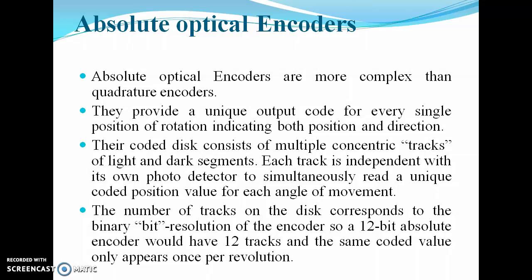The number of tracks on the disk corresponds to the binary bit resolution of the encoder. So a 12-bit absolute encoder would have 12 tracks, and the same coded value only appears once per revolution. How, we are going to see in the next slide.